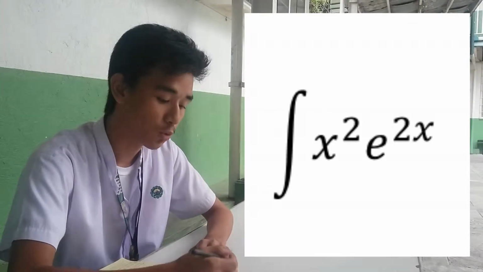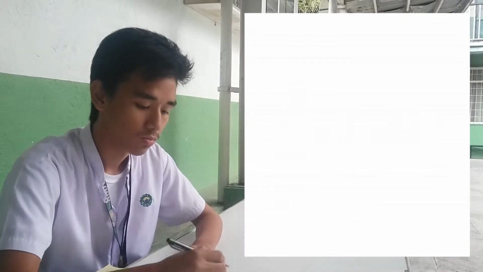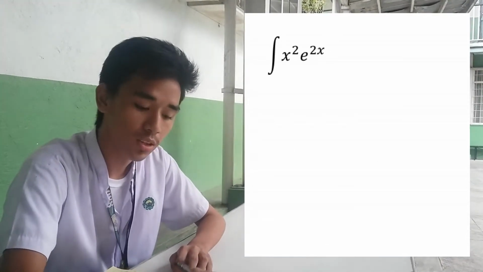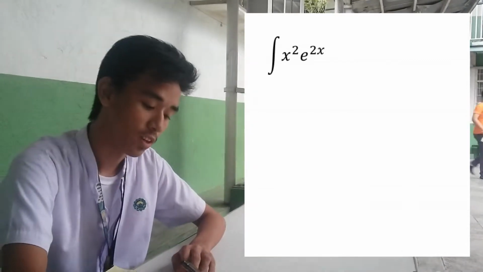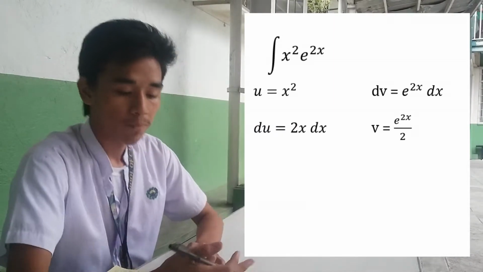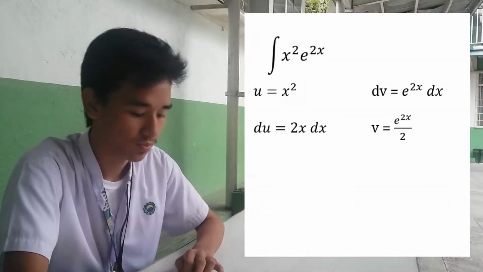Our given example is the integral of x squared times e raised to 2x. Then, set values for u, du, dv, and v. Let x squared be u. Then the derivative of x squared is 2x dx.